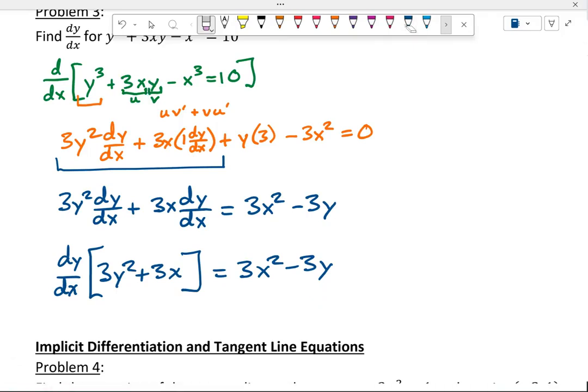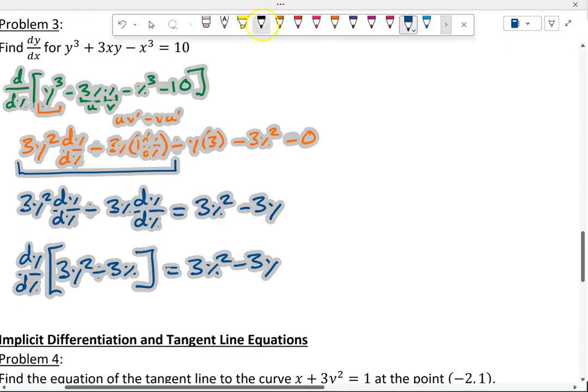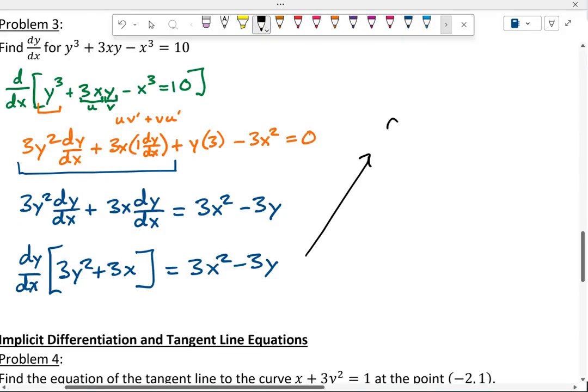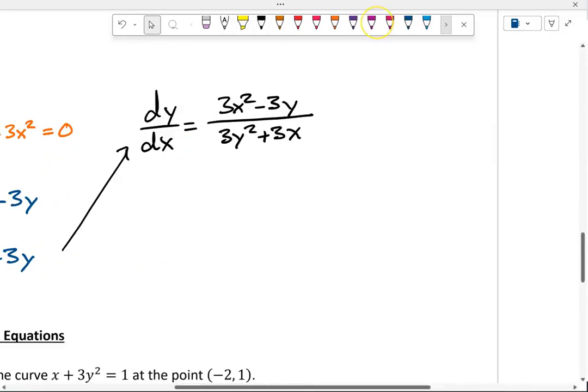Okay, going on. Then last, divide and we get our answer. So dy dx is going to be 3x squared minus 3y over 3y squared plus 3x. The only thing I want to address on this one is that it can be simplified a little bit.